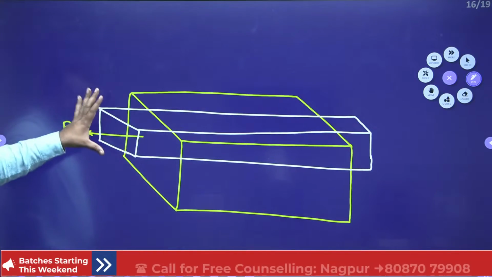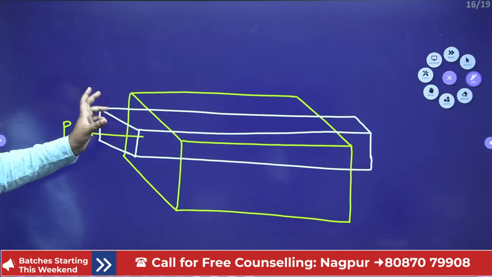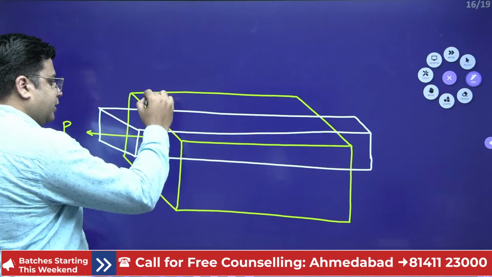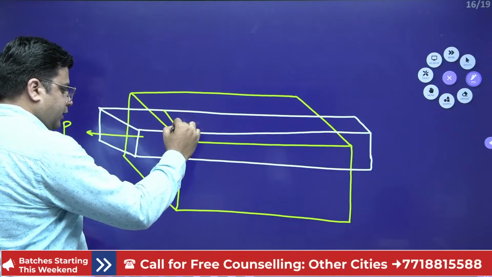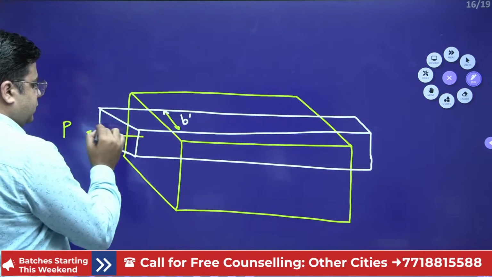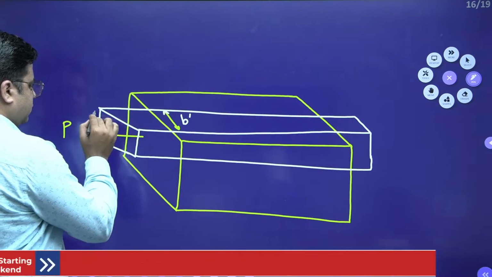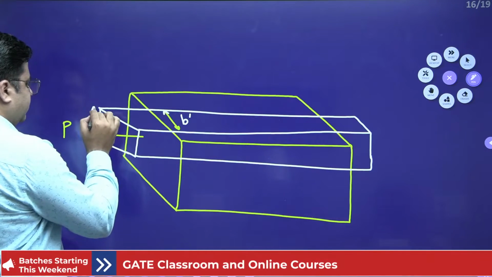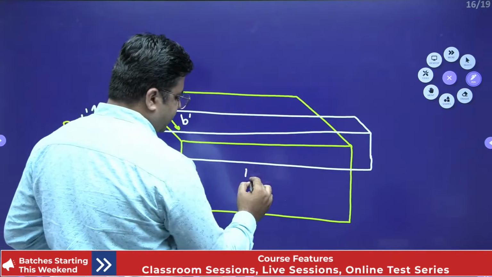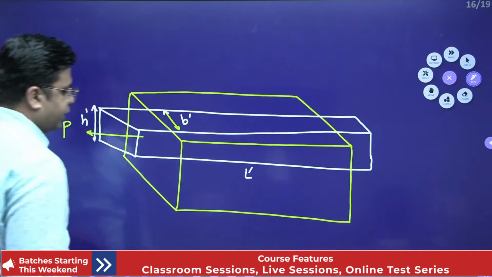This is the new picture where height is also reduced and the thickness is also reduced, right? So this is my new width B dash. This is the new height H dash, and this length is L dash, the new length, right?